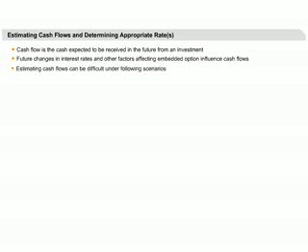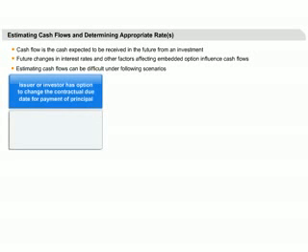Estimating the future cash flows can be difficult under the following scenarios. When the issuer or investor of the bond has the option to change the contractual due date for payment of principal, callable bonds, puttable bonds, mortgage-backed securities, and asset-backed securities fall under this category.